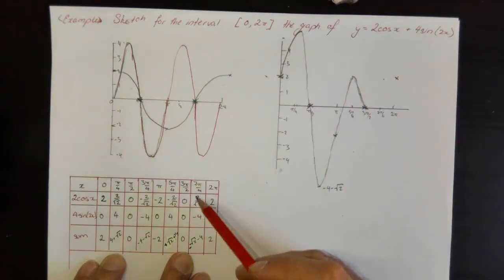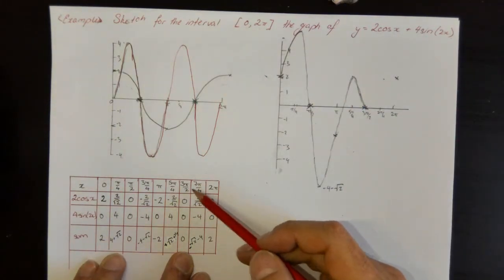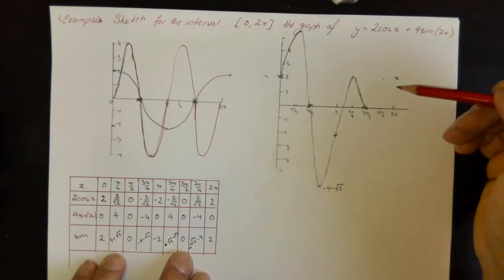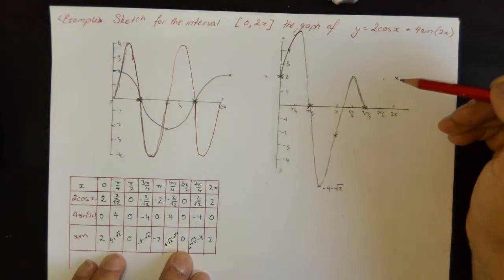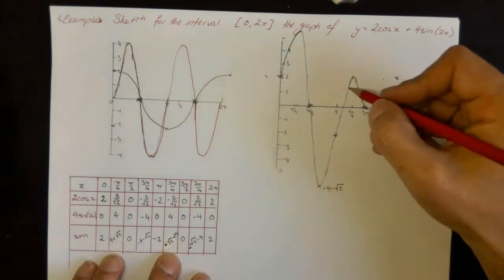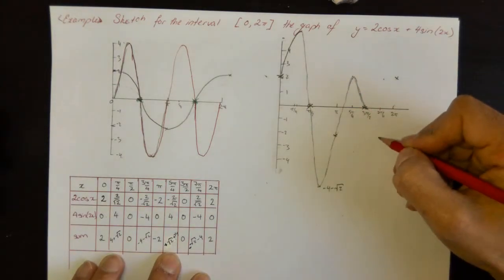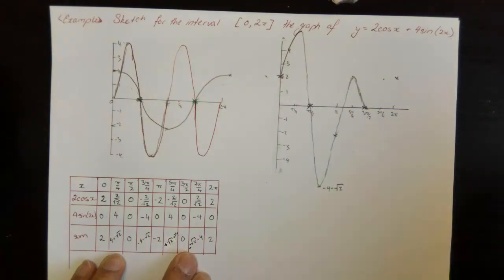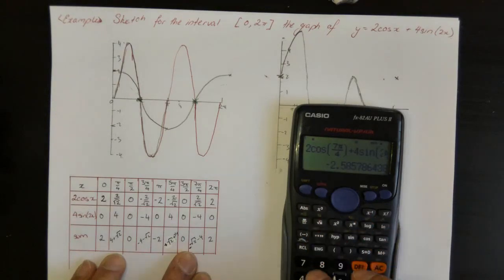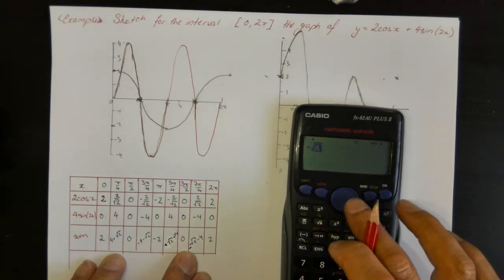Yeah, so we've got 3 pi on 2 is 0. 2 pi is 2. This is positive, and this one will be negative. So just that value, negative square root 2. Sorry.